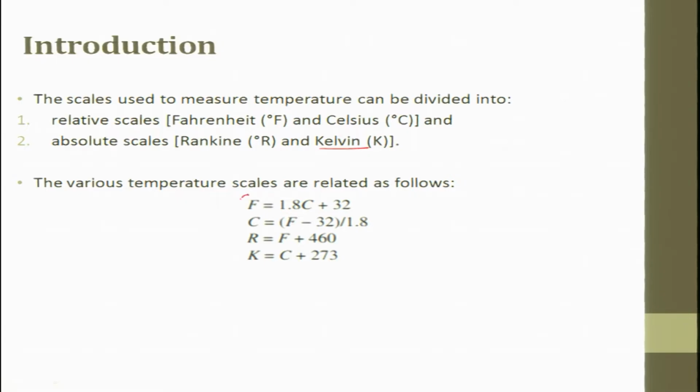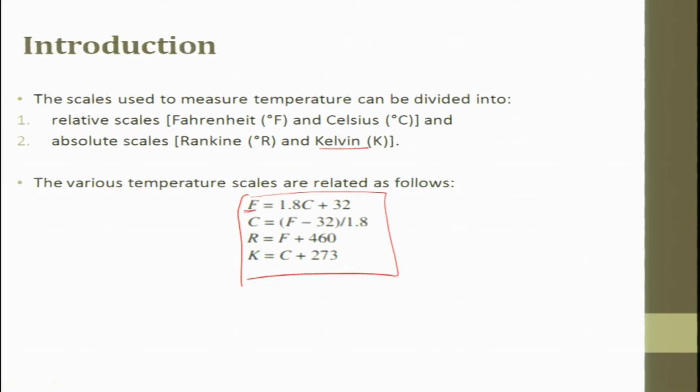So, here is the relationship between each other. Suppose you know one, with this relationship you can cross correlate with the other. Fahrenheit is 1.8 times C plus 32. Celsius is F minus 32 divided by 1.8. Rankine is F plus 460.